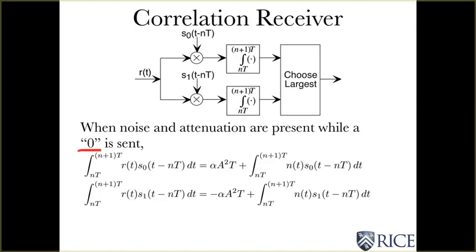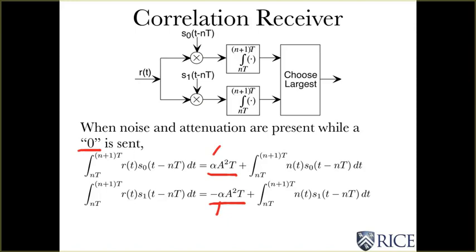So the signal term for each of these is clearly going to be this, and the values are now attenuated by alpha. That has the effect of bringing them closer together. Instead of the value being plus 1 and minus 1, they could be plus a tenth and minus a tenth. They're much, much closer together in value if alpha, for example, is a tenth. So right away you see it brings them closer together.